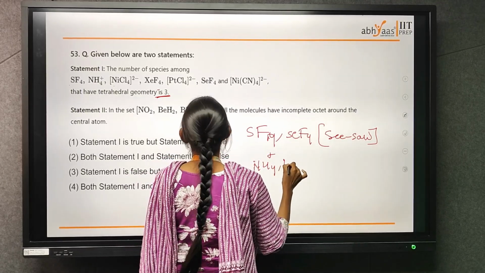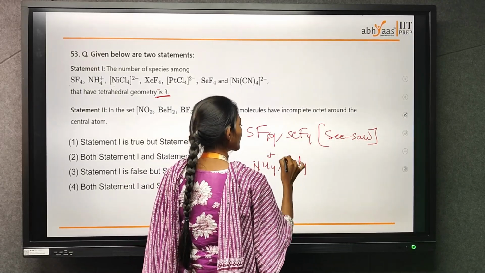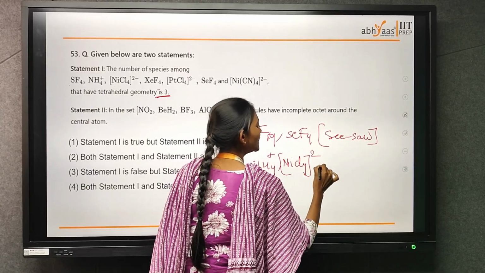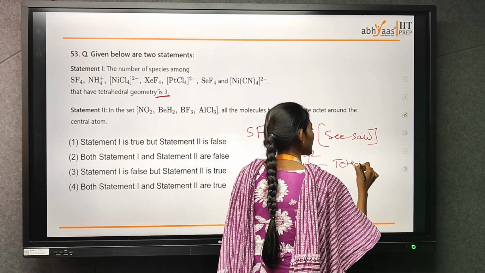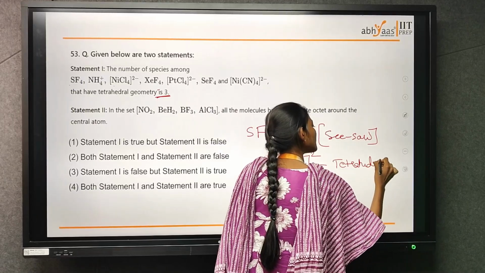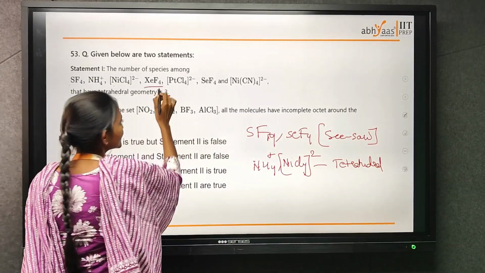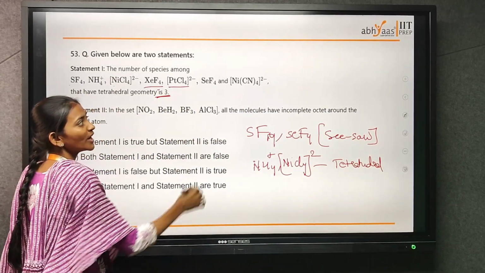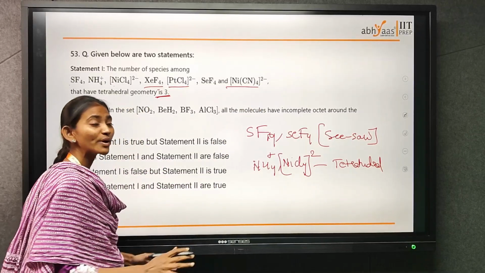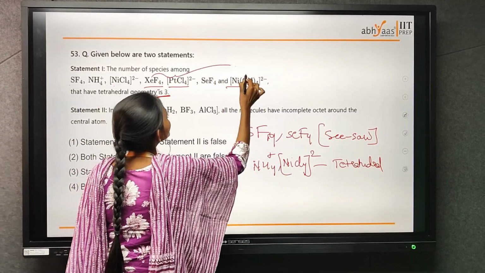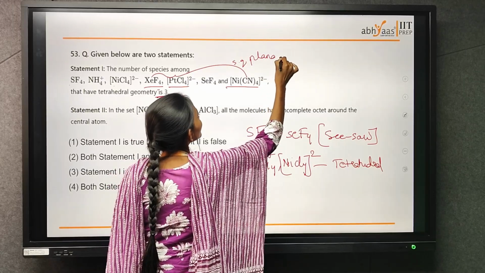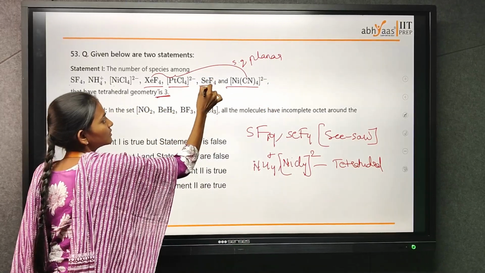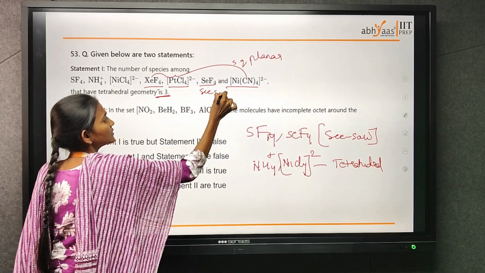Ammonium and NiCl4 2 minus are tetrahedral. And XeF4, PtCl4 and Ni(CN)4 are square planar. These 3 are square planar. This one is seesaw, don't confuse.